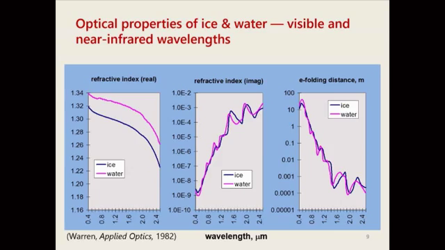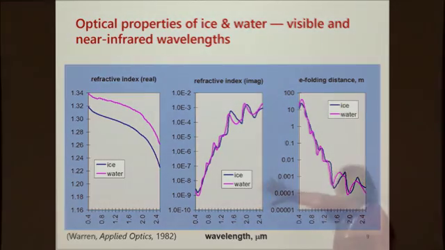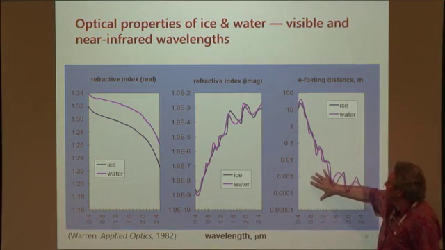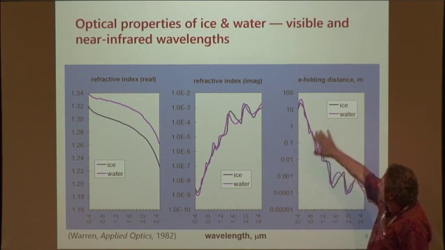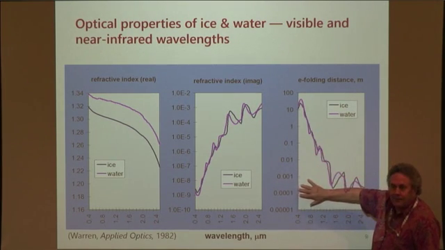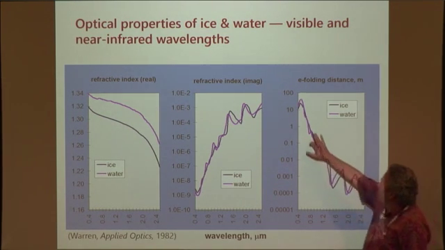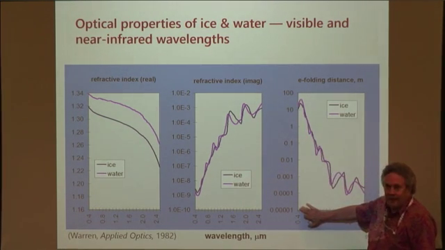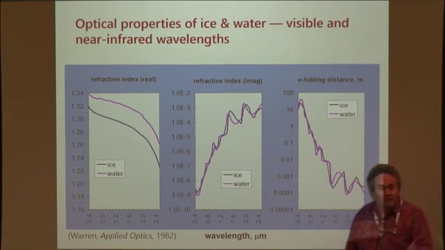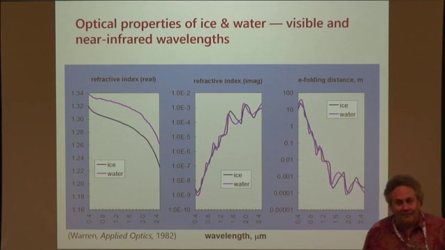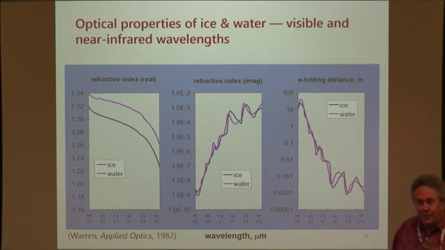And so what we see is if we look at the e-folding distance for ice, it varies by 7 orders of magnitude over the distance of the solar spectrum. So in the visible part of the spectrum, that number is tens of meters. So, when you go diving in Hawaii and you're under the water, you can see a long way. And similarly, if you were frozen in bubble-free ice, you'd also be able to see a long way.